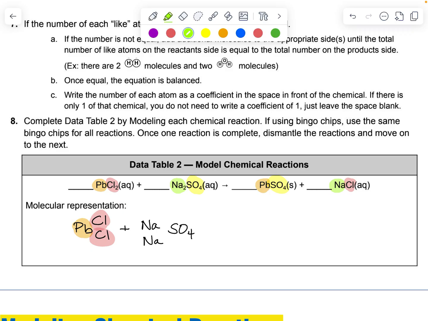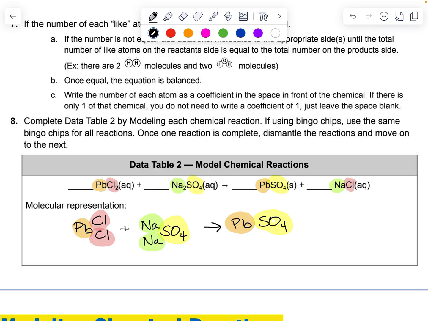So I've got 2 greens and 1 yellow. And we could separate our SO4. One thing we're going to find as we're balancing is if I have that same grouping on both sides of those polyatomic ions, that I can keep those together because that ratio stays the same. And then I'm going to have 1 lead and 1 SO4. So that's going to be a yellow and an orange.